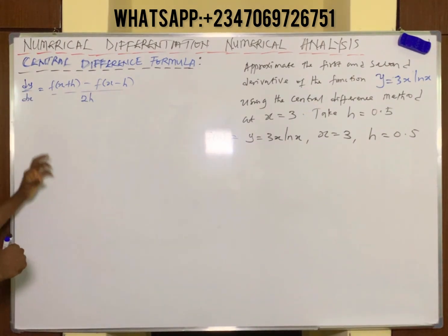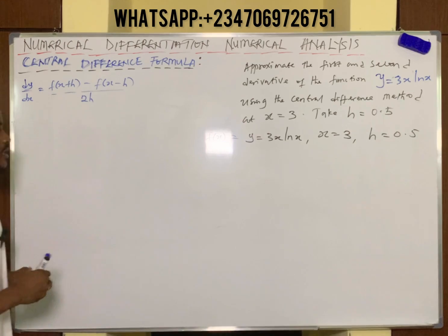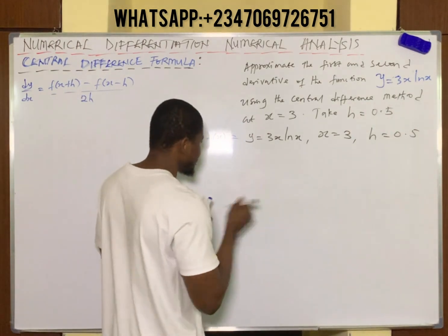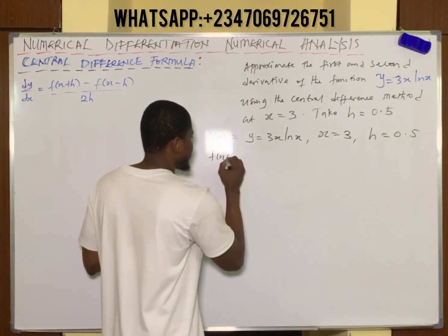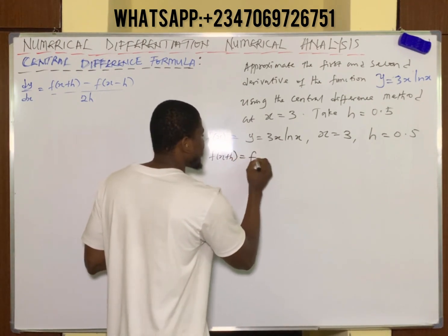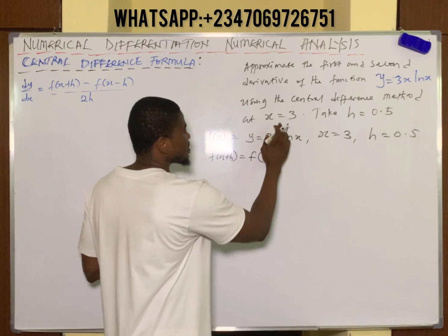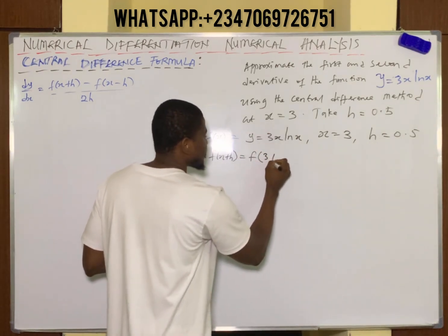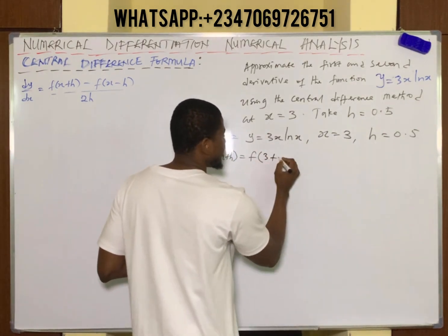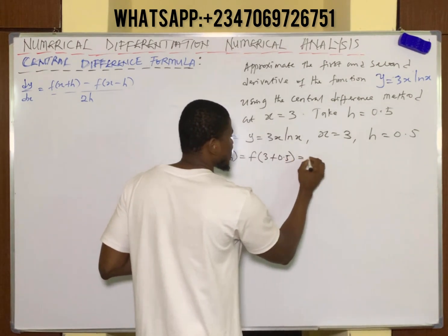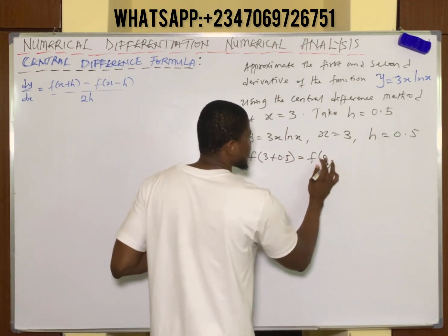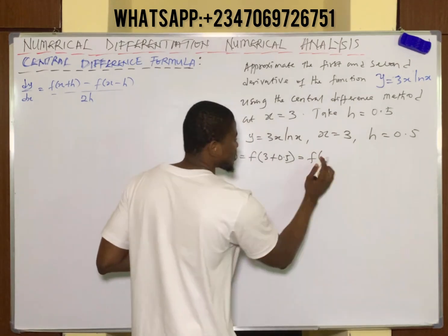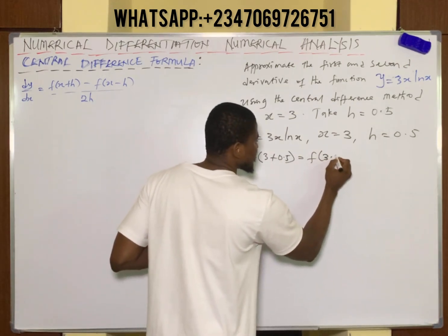Now we need to find f of x plus h. This simply means the point of interest, which is 3, plus h, which is 0.5. So this is actually f of 3.5, because 3 plus 0.5 gives us 3.5.